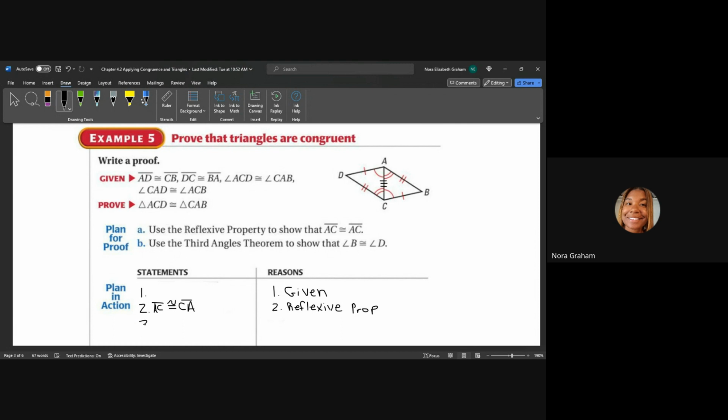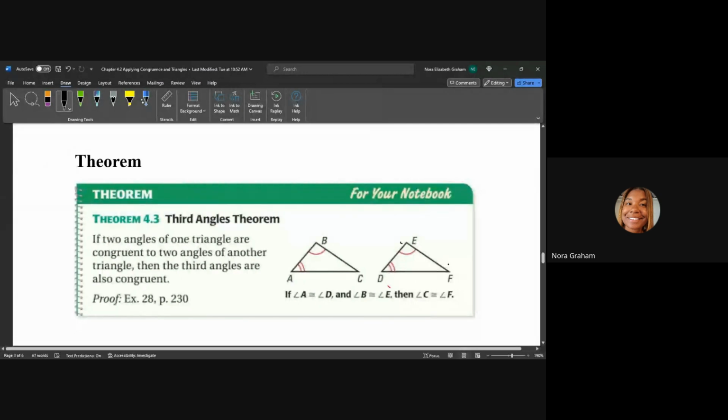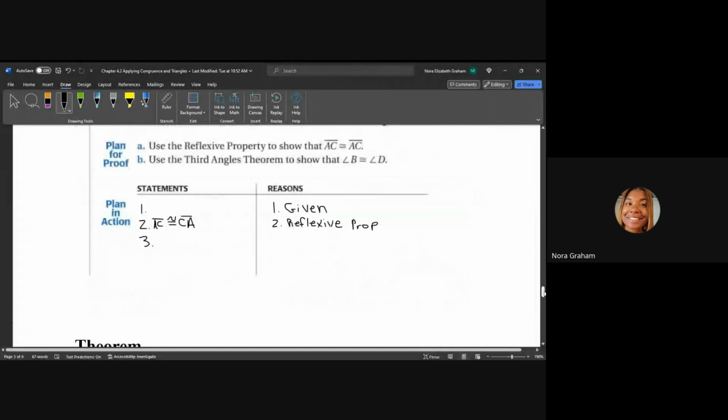Now we have to worry about the angles. They give us that A and C are good, and then we have these angles are good. But then how can I show that angle B and angle D are also congruent? Now remember our theorem up here, what we said about the third angles theorem. If two of my angles are congruent, that means the other leftover angles of the two figures are also congruent.